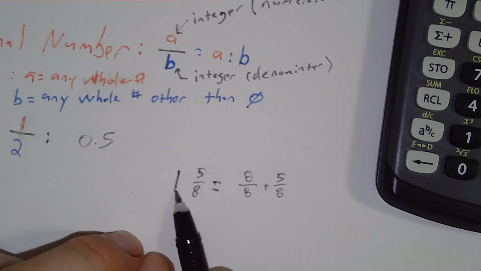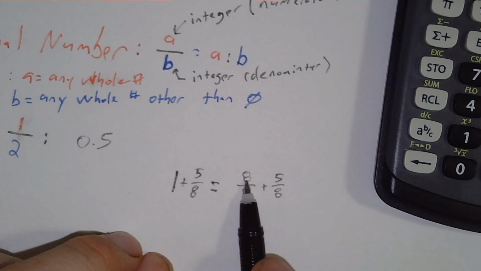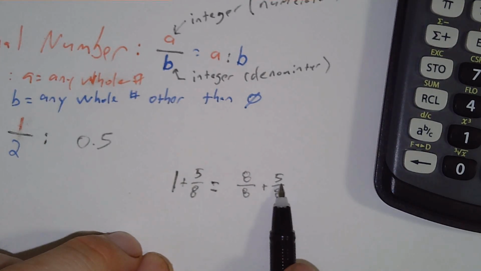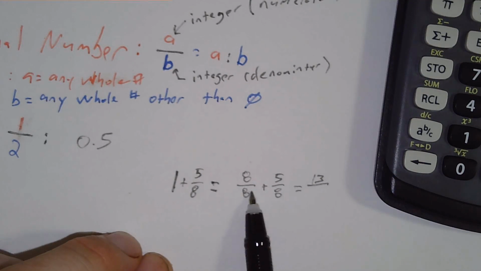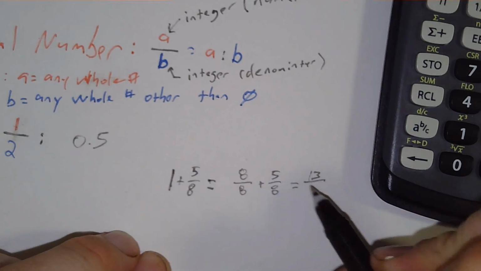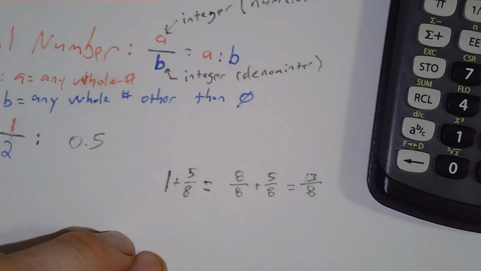Because that's just 1 plus 5/8, right? So 5 plus 8 equals 13. And then when you're adding fractions together, you just keep the denominators the same. So that is like that. That's how you do that one.